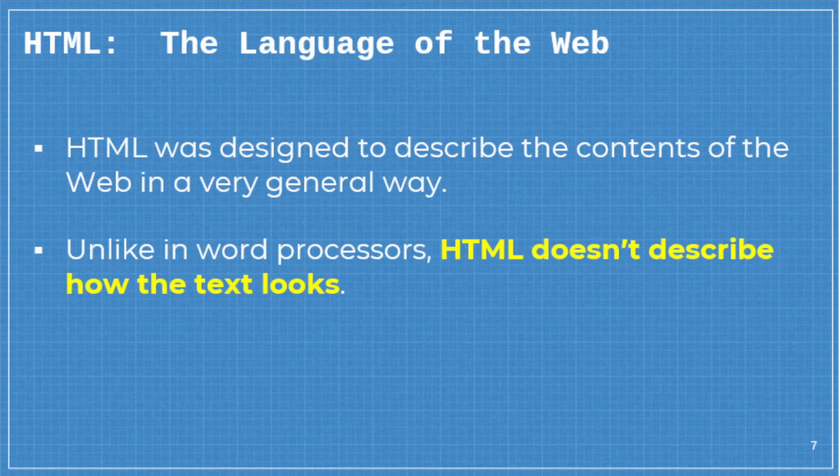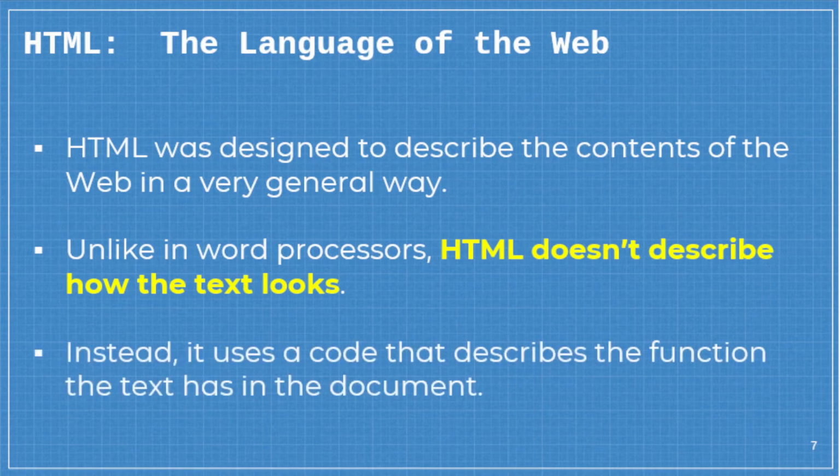So it describes how the text looks. But HTML, on the other hand, makes use of codes that describe the function of the text. You get the difference? Word processor describes how the text looks, while HTML describes how the text will function.